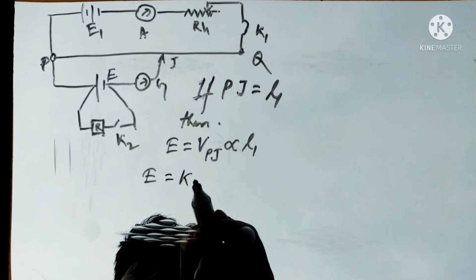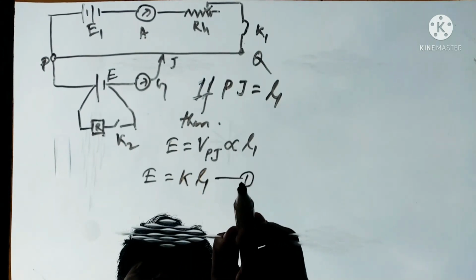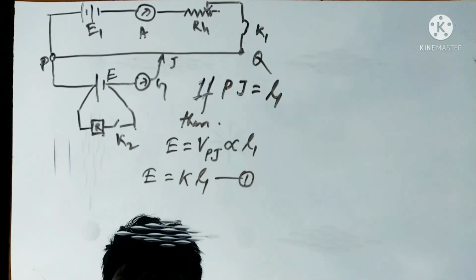Now E equals K L1, where K is a constant, you know. This is our equation number 1.